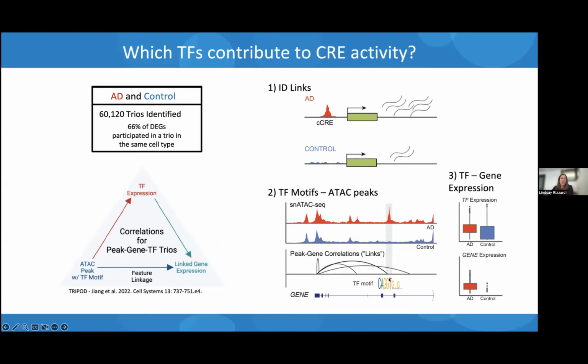And then we take the other leg of our triangle and say, is the transcription factor now correlated with the gene? If that's true, then we consider that a trio. Does that make sense?